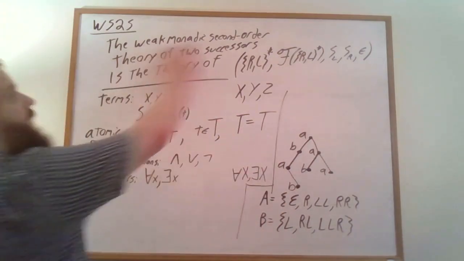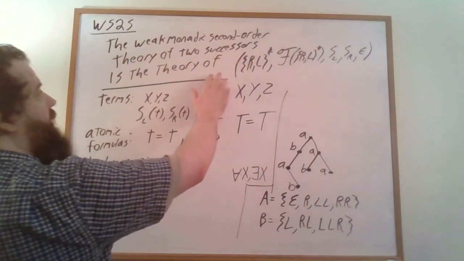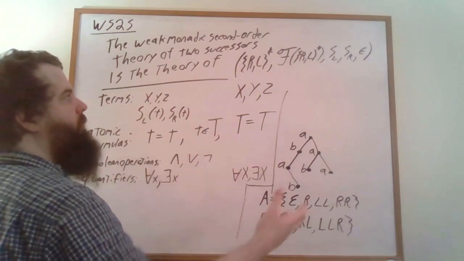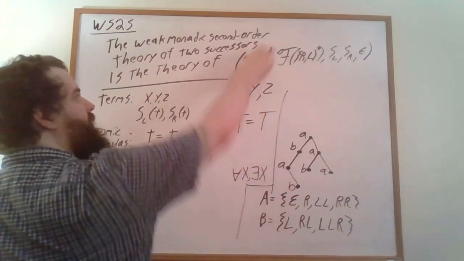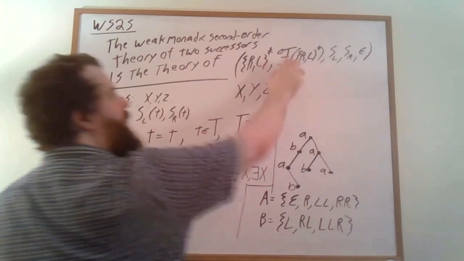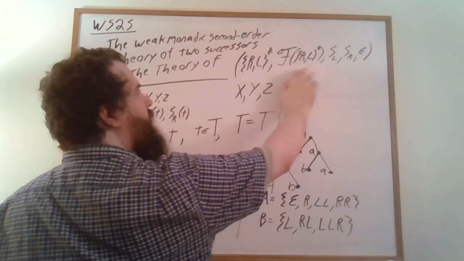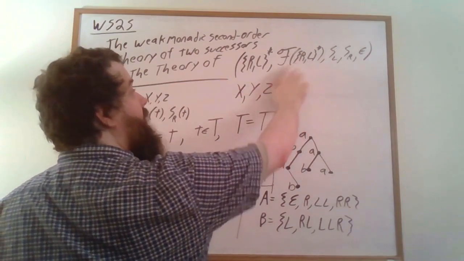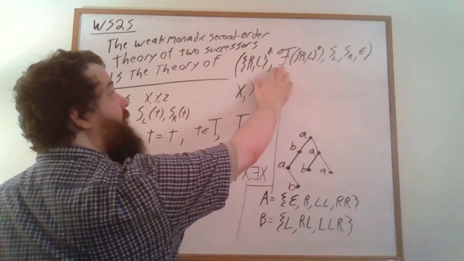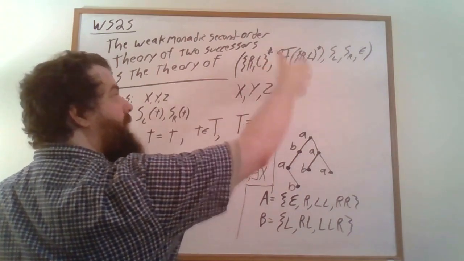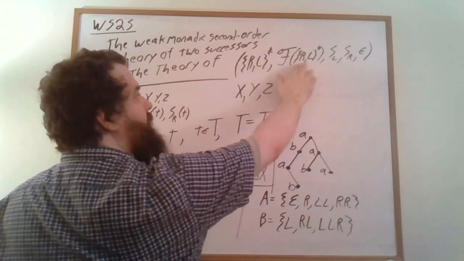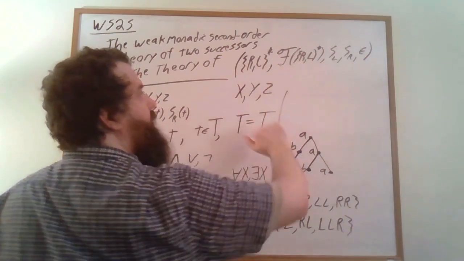So the weak monadic second-order theory of two successors is the theory of, and again, I want to think of this as a two-typed structure. We have objects of the first type, which are just words on the characters R and L, and we have objects of the second type, which are just going to be finite sets of words on the characters R and L. Here I'm using the calligraphic F in place of the calligraphic P to represent the finite subsets of this language here.